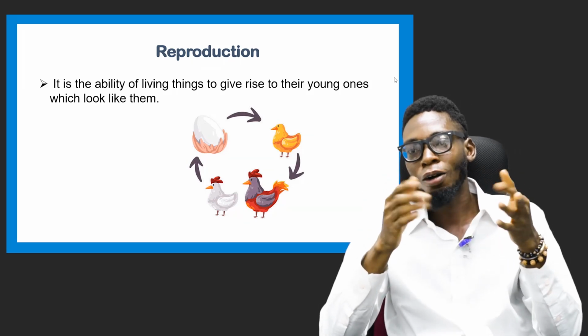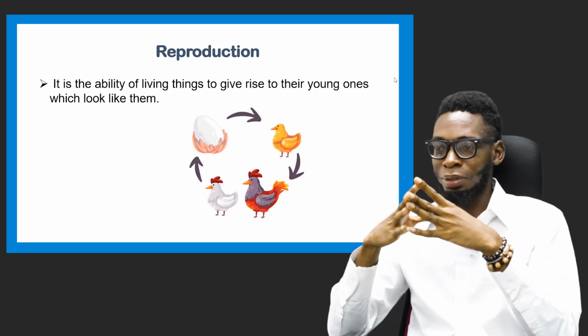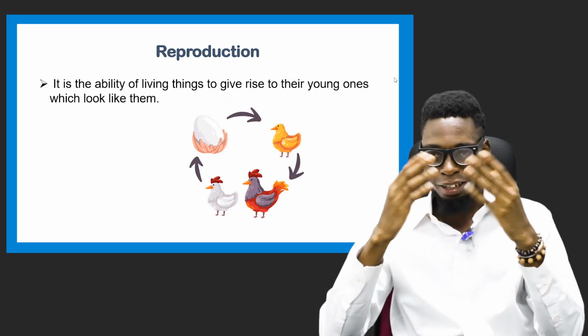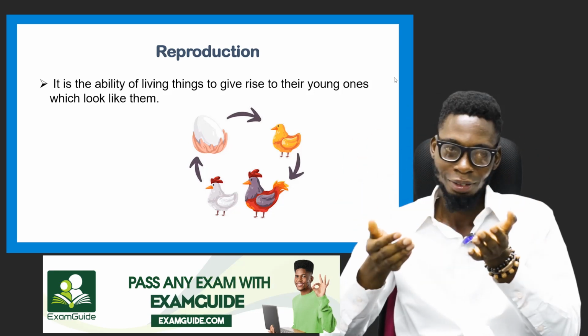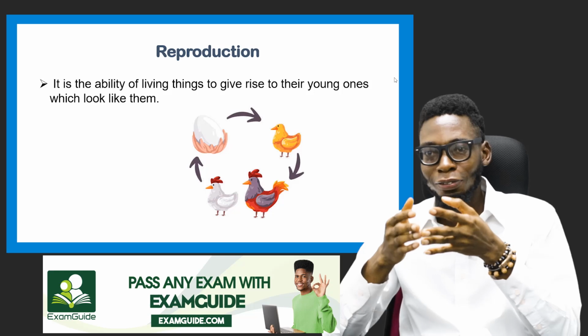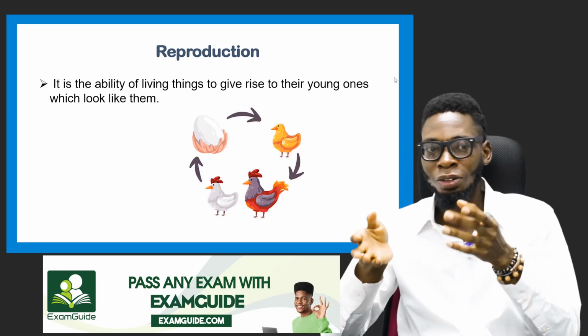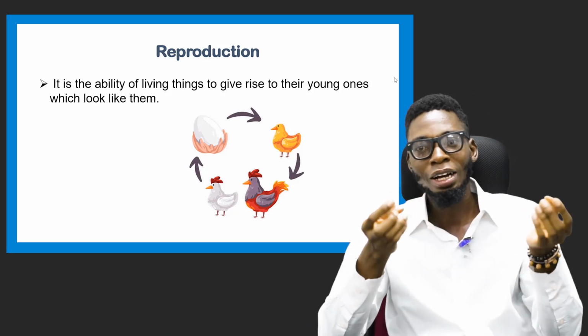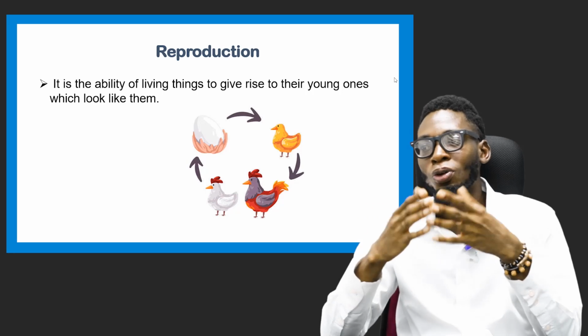If the domestic fowls stop reproducing, and all the domestic fowls have been eaten up, that means we no longer have domestic fowls for our celebrations. But because they keep giving rise to new ones, the new ones hatch from the egg, grow to adults and give birth to new ones, we always have a continuous supply of these organisms.